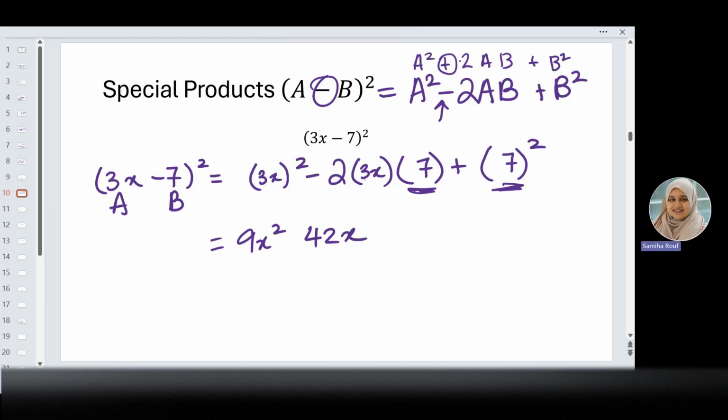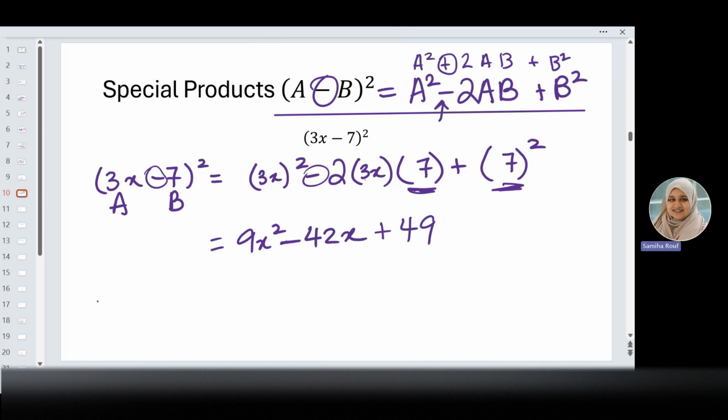In that situation, if you made B negative, then this plus sign would become negative. But if you have this format memorized, then A just stays 3x and B stays 7, and that negative is already associated to this one. So this would actually be just negative 42, and then we have the 49.